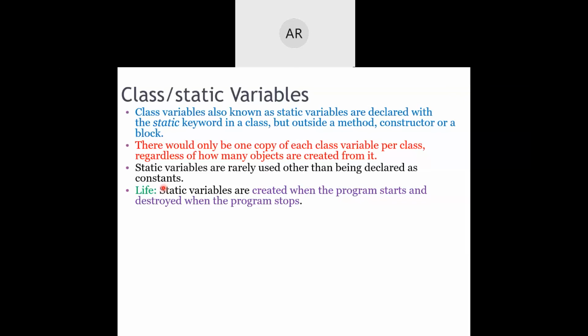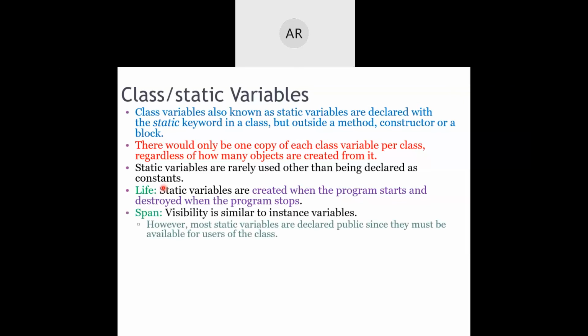But in the case of instance variables, only once an object of that particular class has been created will that variable get created. When will the static variable be destroyed? When the program stops its execution. Okay. So the span is very similar to instance variables. There is not much difference in that.